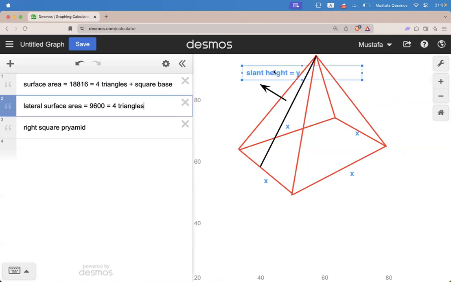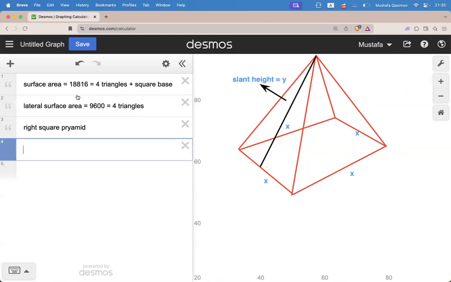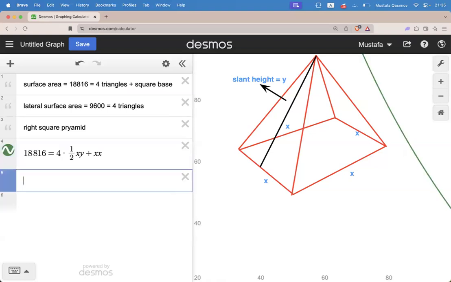Okay, do you have any question until here? No? Okay, let's continue. Okay, now let's write 18,816 is equal to, for triangles, 4 multiplied by 1 over 2, multiplied by x, multiplied by y, plus x square. And 9,600 is equal to only this part.